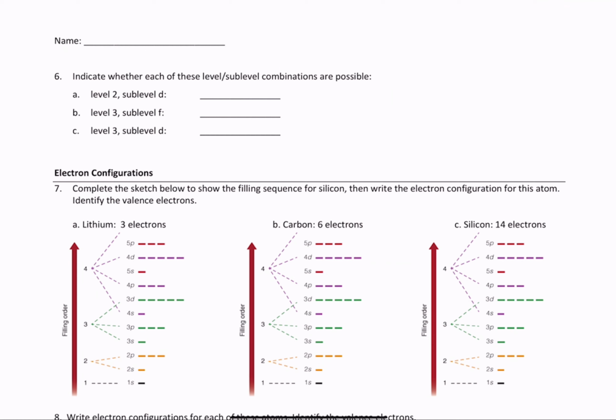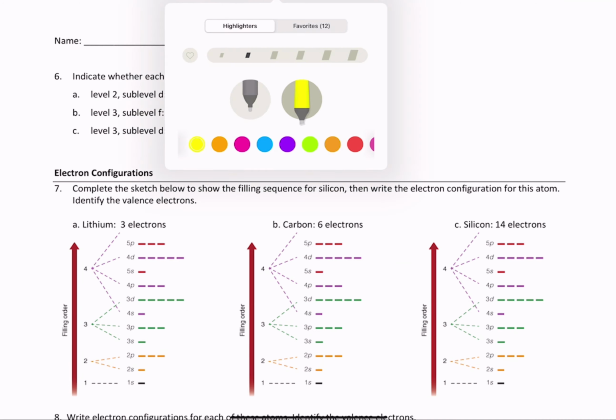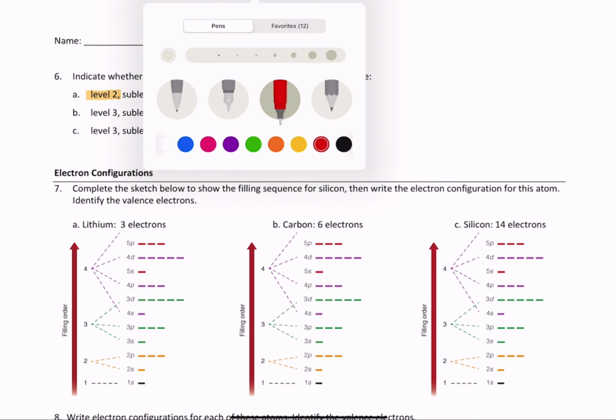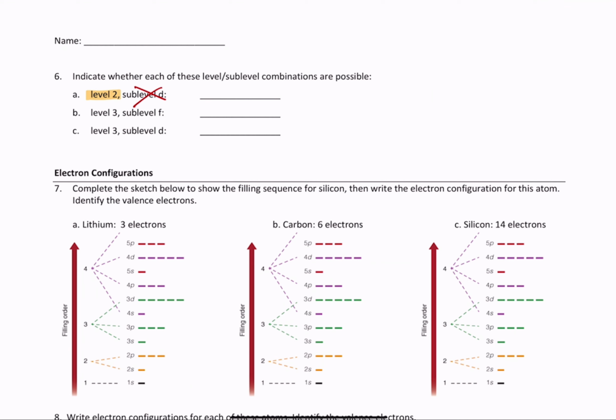Now, indicate whether each of these level-sublevel combinations is possible. We just stated that on level 2, we can only have S and P. Therefore, there is nothing such as a sublevel D on level 2. Level 3: we stated that in level 3, we find S, P, and D. Therefore, there's nothing such as 3F.